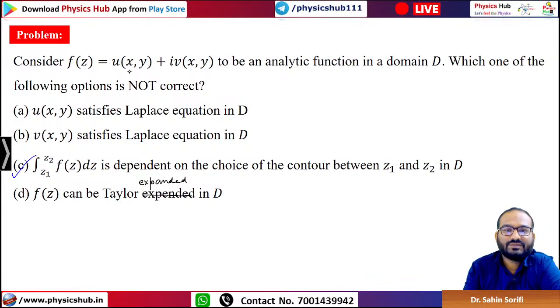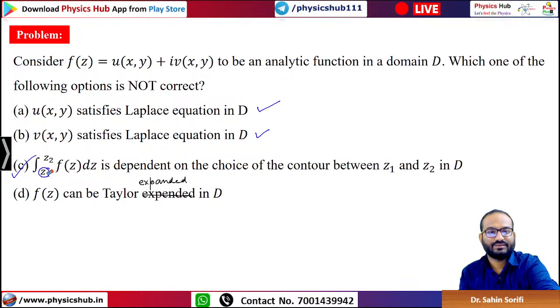Chalo, f of z is an analytic function, so u satisfies the Laplace equation in D. This is correct. We have seen it. V satisfies Laplace's equation in D. This is also correct. We have seen it. The integral of f of z between z1 to z2 is dependent on the choice of the contour between z1 and z2 in D. If this is analytic, then it only depends on the initial and final points, not on the path by which you are taking that function from z1 to z2.